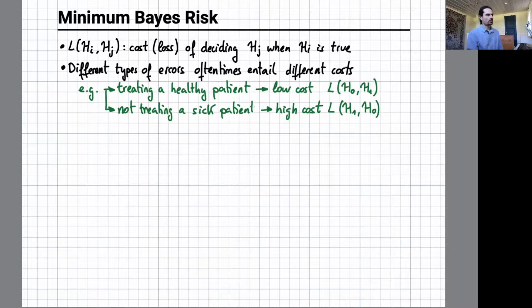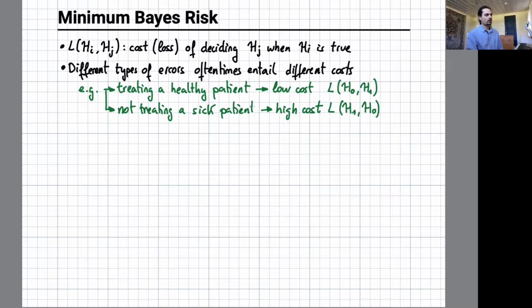So if, for example, the patient doesn't have cancer, but we determine that she or he has it, then we would be starting a chemotherapy treatment in a totally unnecessary fashion.